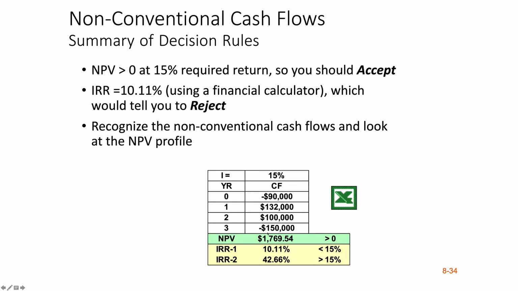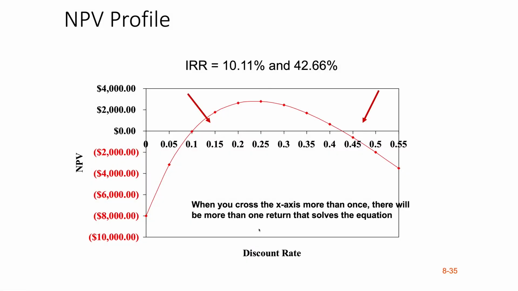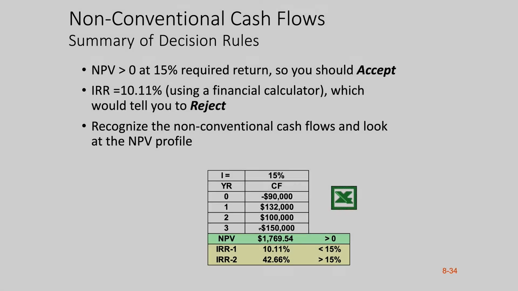You see the sign change, from negative to positive once, and from positive to negative. Now, if we calculate the net present value, it is 1,769.54. It is positive, so we should accept it.